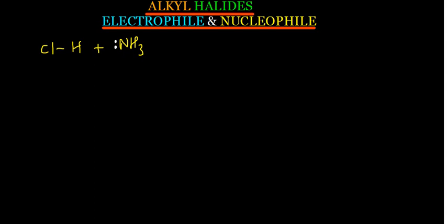So we're going to show the movement of electrons using curved arrows. A full arrow like this means two electrons are moving. When you show just a half arrow like this, then only one electron is moving. Now, you don't use curved arrows to show the movement of atoms, only the movement of electrons.